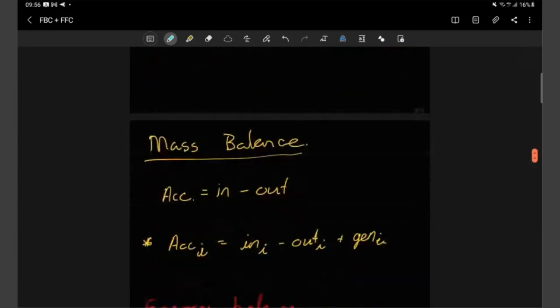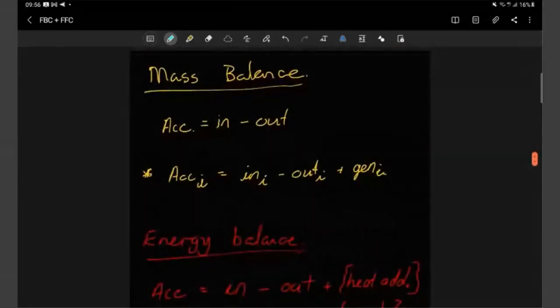Right, can't remember if we touched on this, but I'm just going to quickly run through it. I hope you know this by now. Mass balance: accumulation equals in minus out. Component balance: accumulation of a specific component is that component in, minus the output, plus whatever is generated or consumed in there.